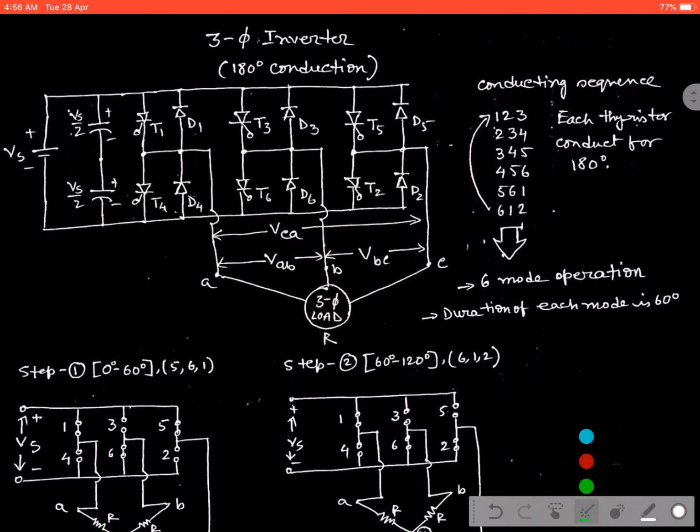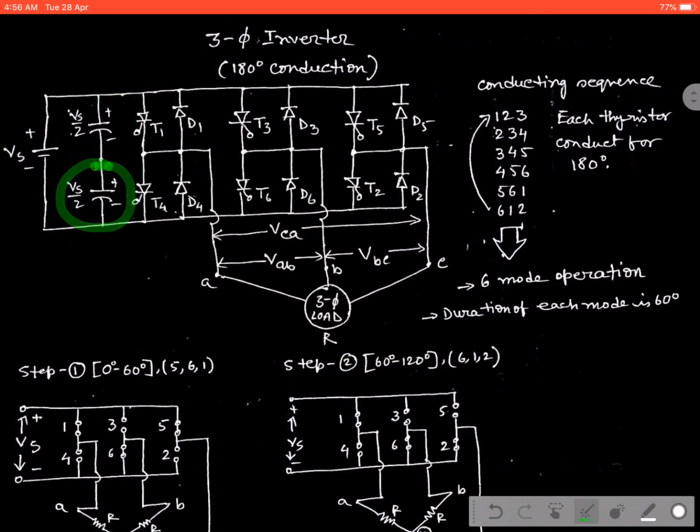As it is working as an inverter, a constant DC supply Vs is given, and two capacitors are used for maintaining the proper voltage division under balanced condition. A three-phase load is connected over here, maybe star connected, and this is directly connected to the midpoint of the two switches in this way.